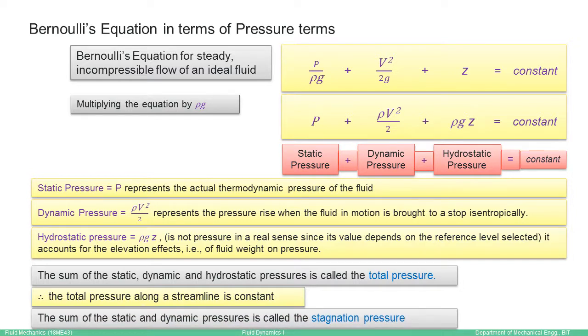And there is another terminology: the sum of static and dynamic pressure, the first two terms, is called stagnation pressure, which we'll take up in the next slide.